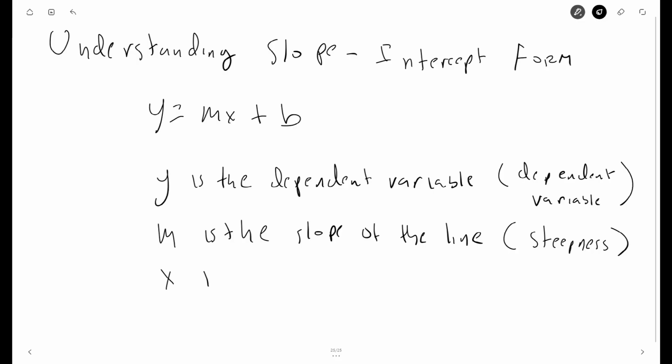So x is the independent variable, or sometimes called the input of the equation.